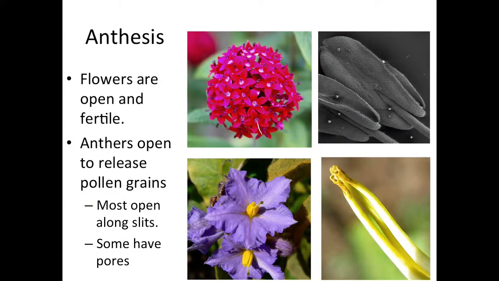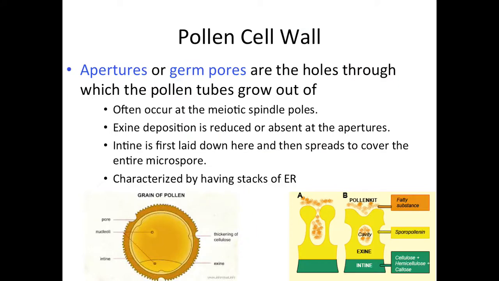All right, so the pollen cell wall consists of two layers: the intine, which is the inner layer, composed of cellulose, hemicellulose, pectin, and callose, and the outer layer, which is the very, very hard exine, composed of sporopollenin.